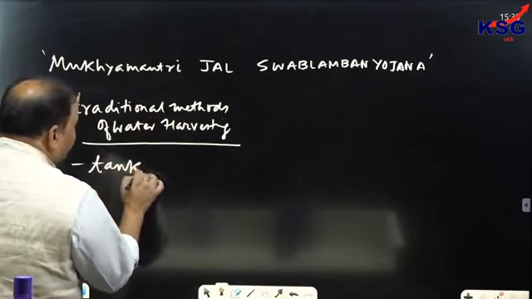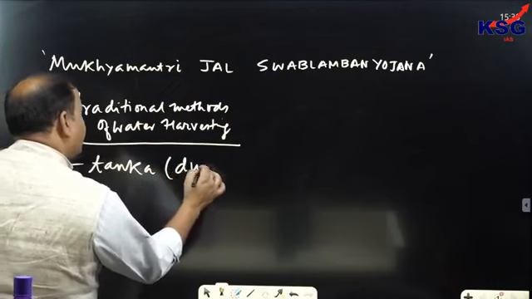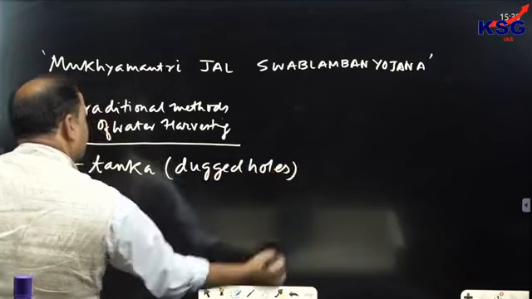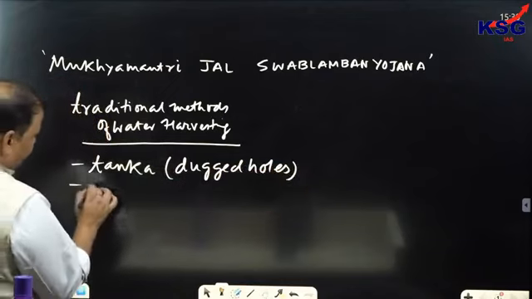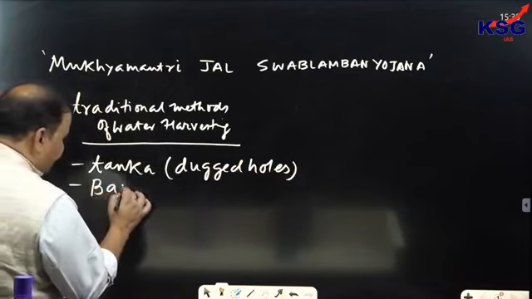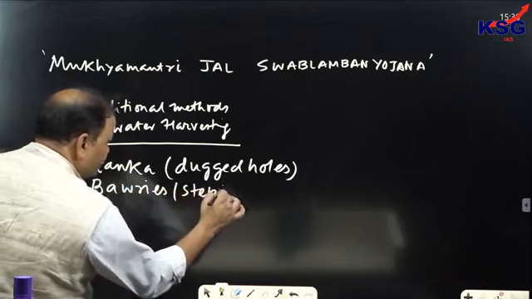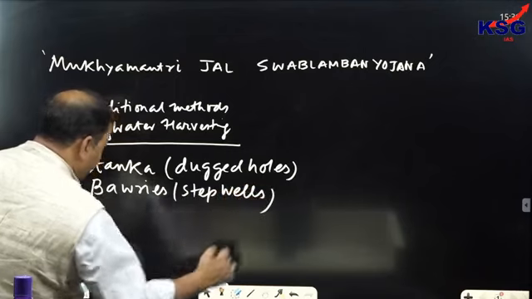establishing tankas. Tanka means dug holes near the farms. Bawries means step wells. That is also used for water harvesting.